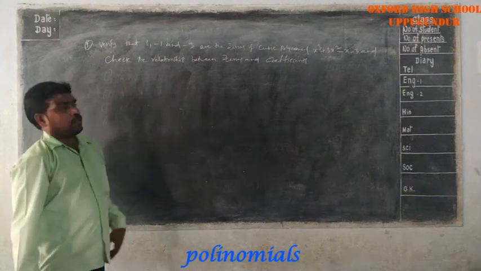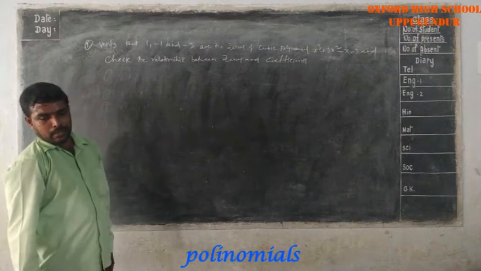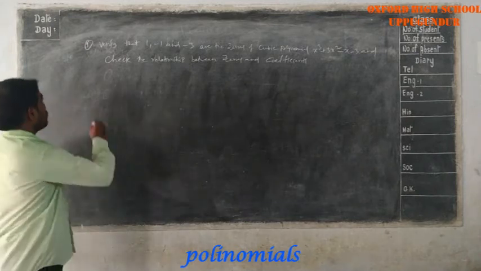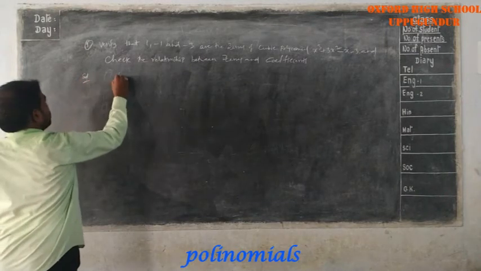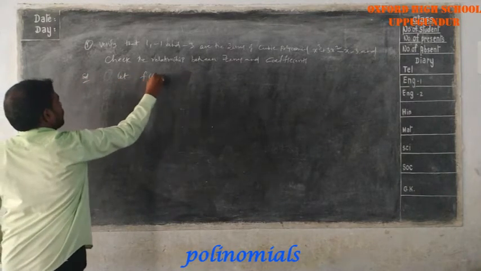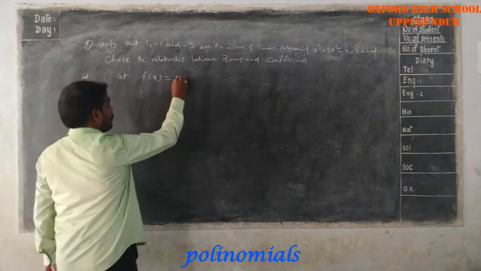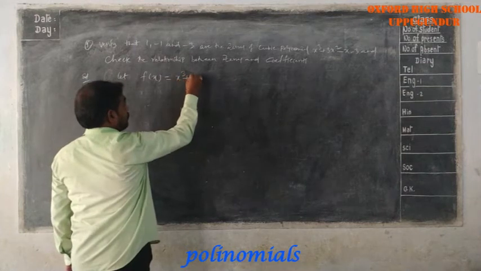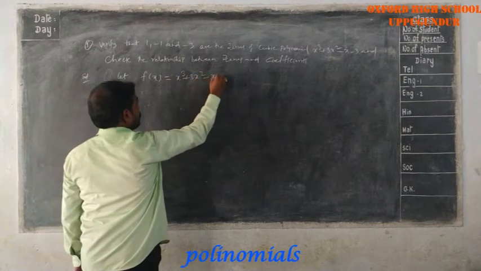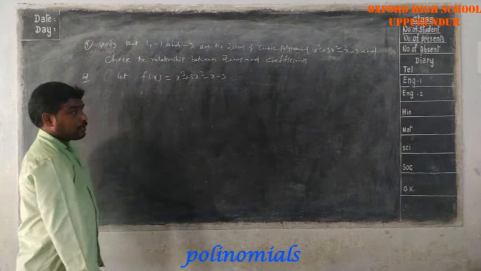After that you have to verify the relationship between zeros and coefficients. So let f of x be the given polynomial. What is the given polynomial? x cube plus 3x square minus x minus 3.